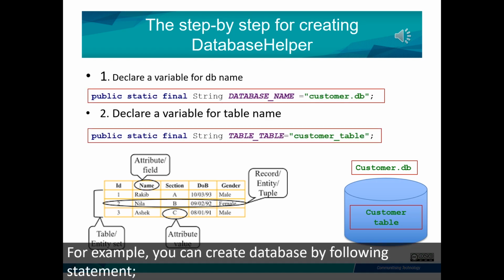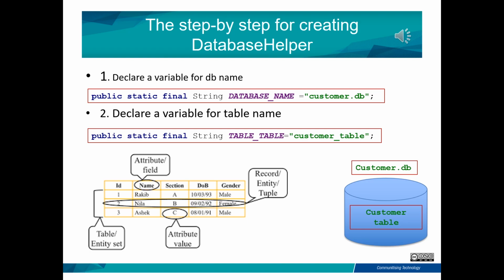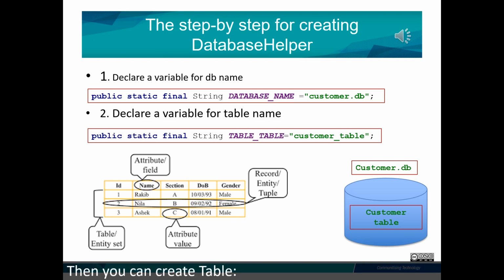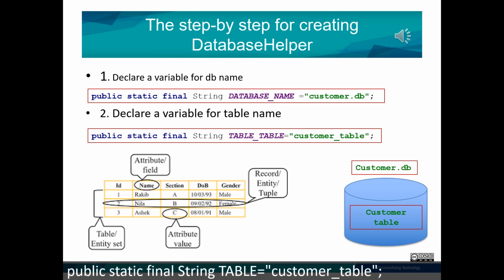For example, you can create database by following statement. Public static final String database name equal to customer.db. Then you can create table by following statement. Public static final String table equal to customer table.